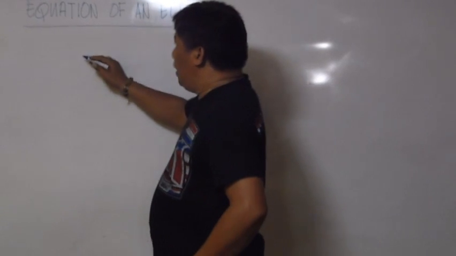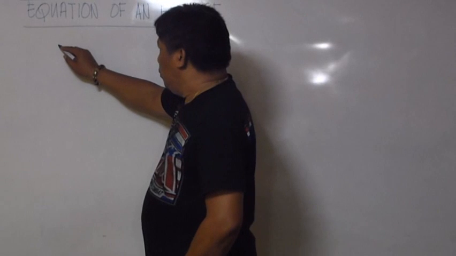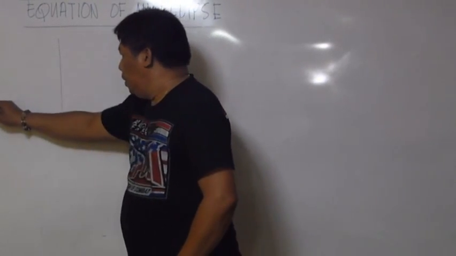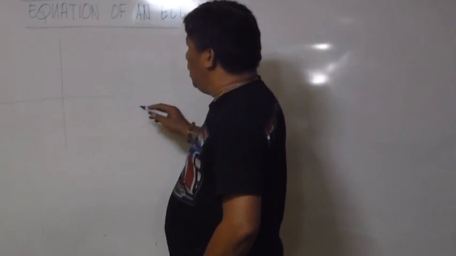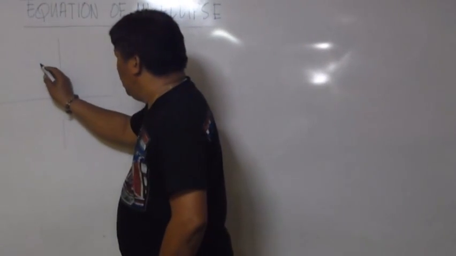Now, remember an ellipse has two positions. An ellipse could be in horizontal elongation.